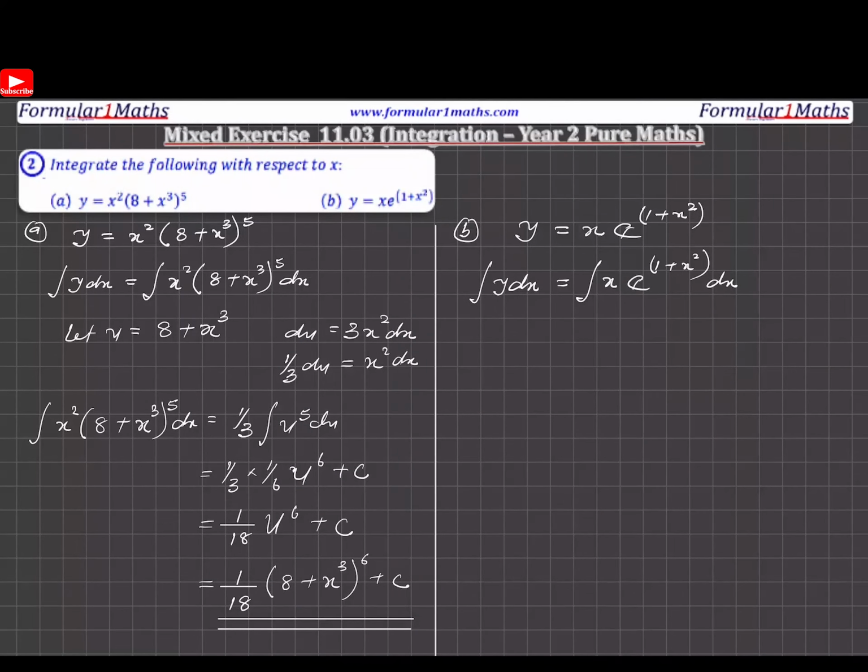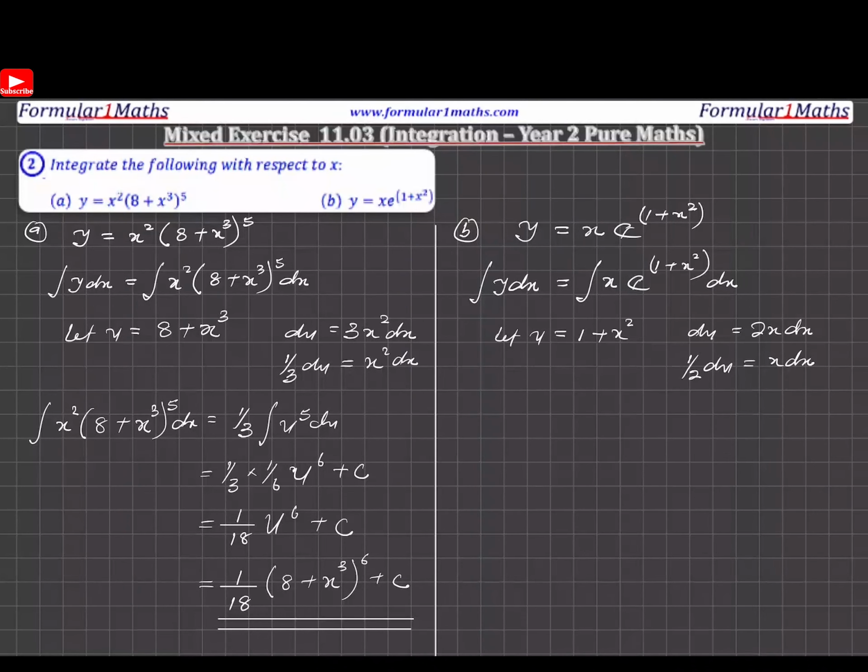I'm going to use substitution again. This time I will let u equal 1 plus x squared. So du equals 2x dx, and then half du equals x dx.